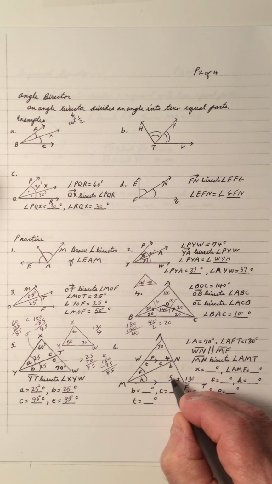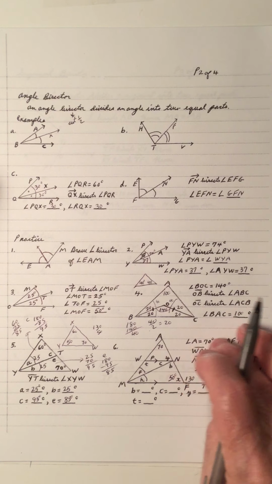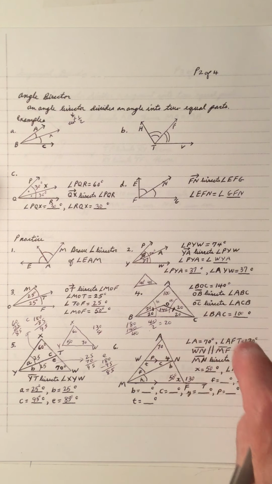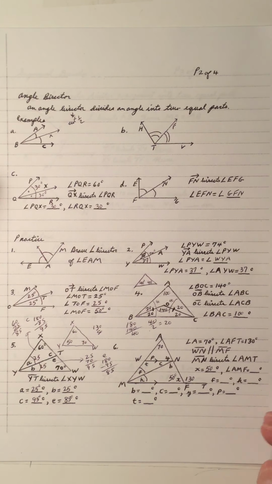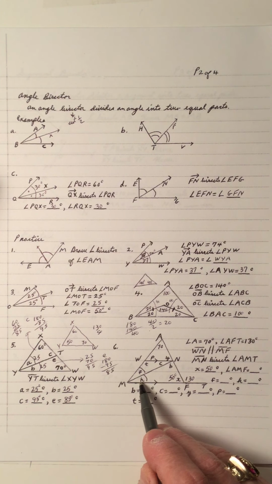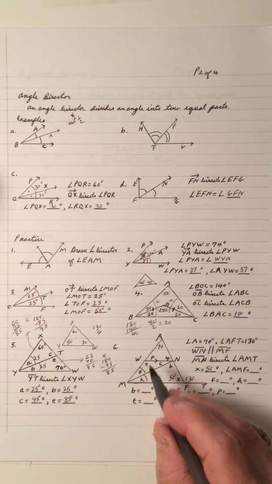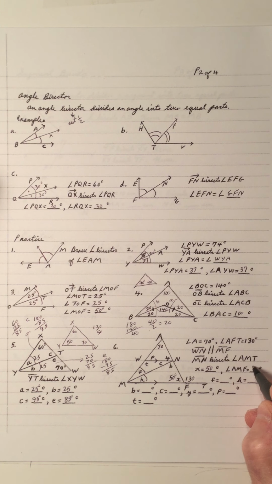X is 50 because it makes 180. So what is M? Notice I have it organized to help you through, because you do one thing, it leads to another. We have a big triangle and I want this angle AMF. 70 and 50 adds up to 120, so that means AMF is 60.